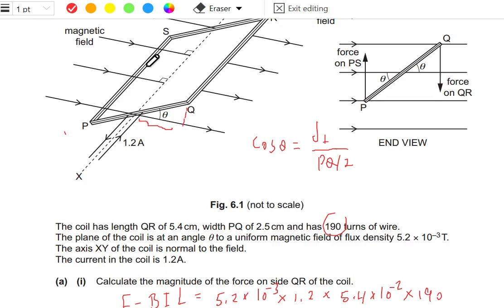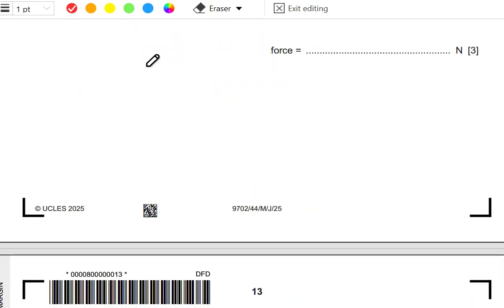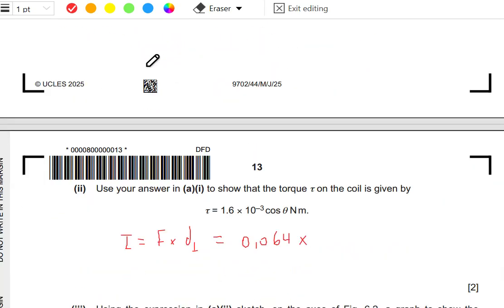So the total torque on the coil is 2 times the force times the perpendicular distance. Okay, so we have here 2 times the force.